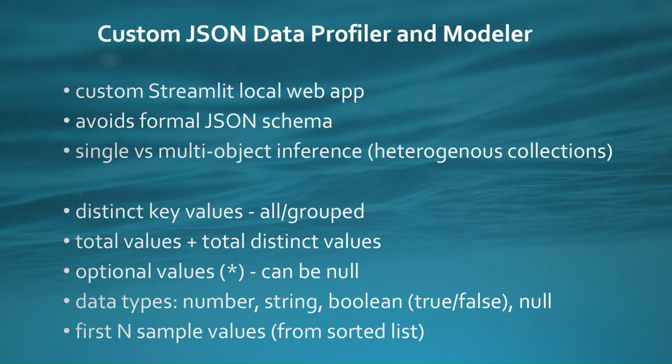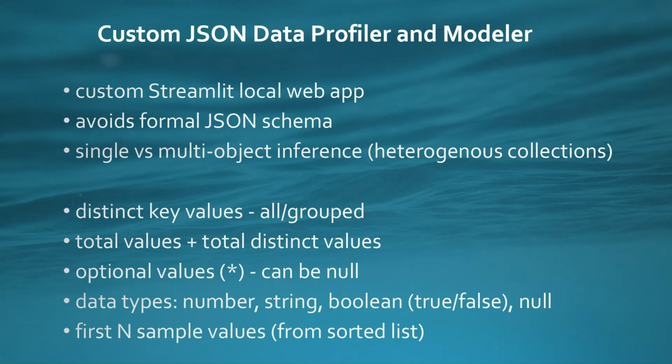A quick recap on my simplified custom JSON data profiler and modeler if you want to use it or learn more about it. It was implemented as a custom Streamlit local web application. What you have here is a simplified version of what I have online, but I left there a link to my GitHub repository with the full content of my more complex application.